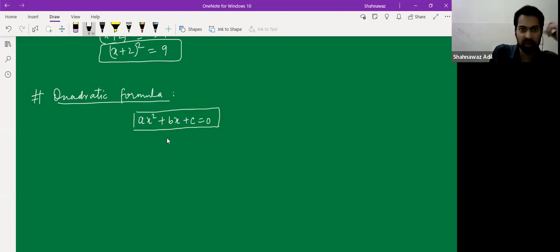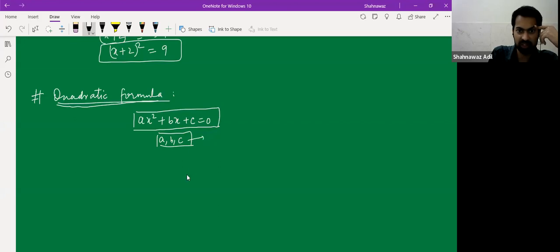Okay. So to use the quadratic formula, we just have to first find these three numbers. So we know A, B, C, right? Whenever the quadratic equation is given in the general form.